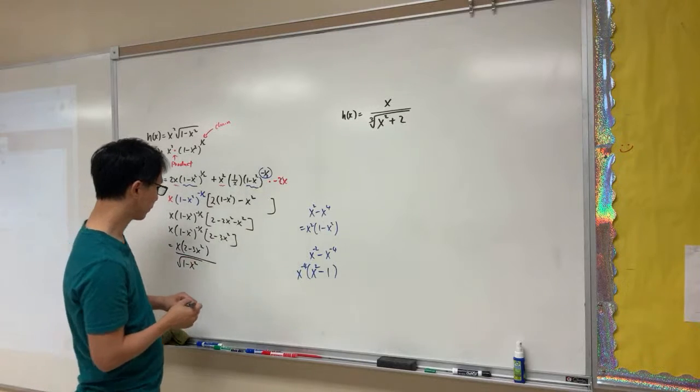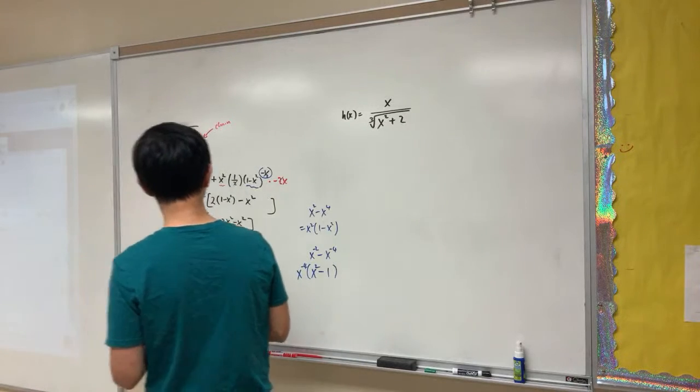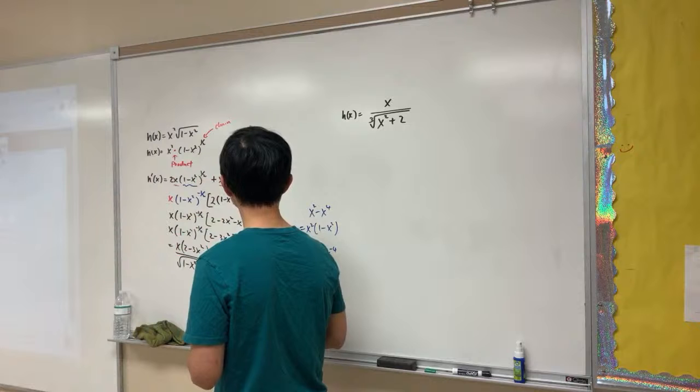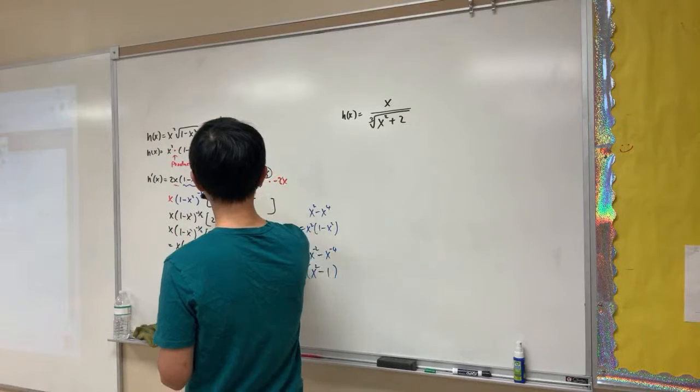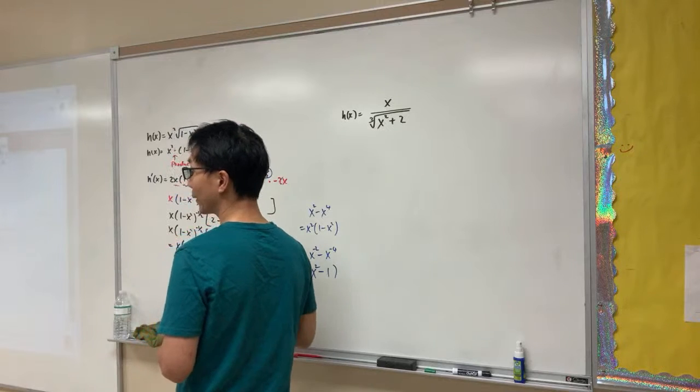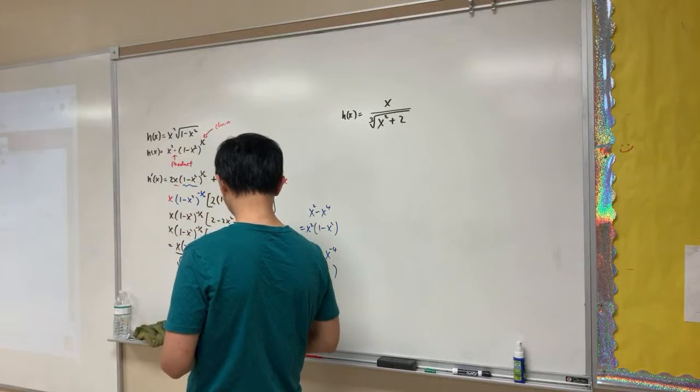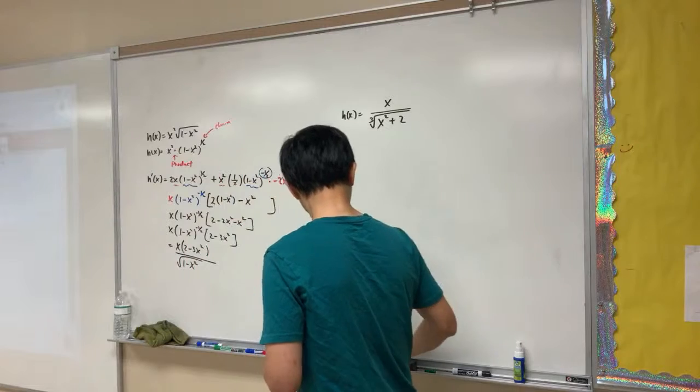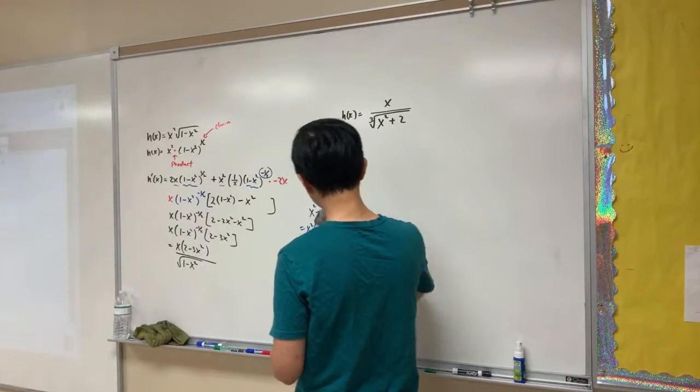Isn't it just x? Don't you factor out x? If I factor out x, I still have x squared, because there's an x squared here. I take out x only. Does that make sense?